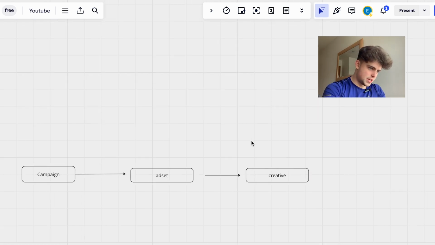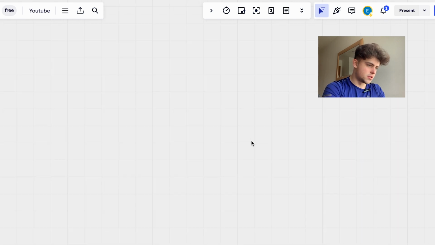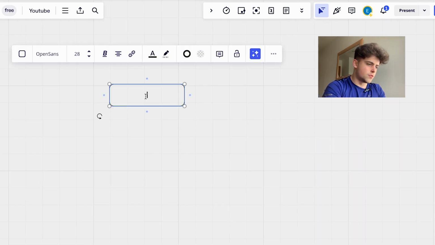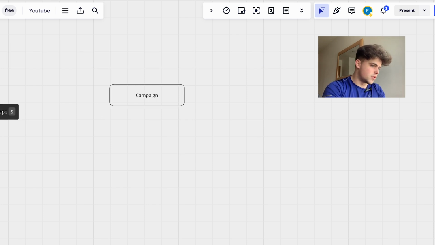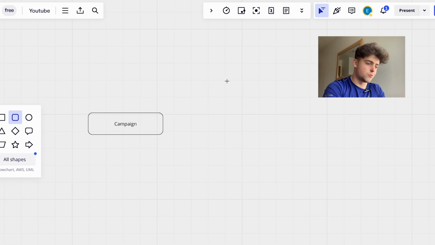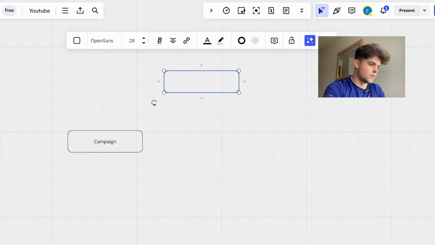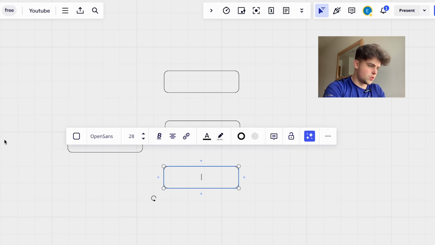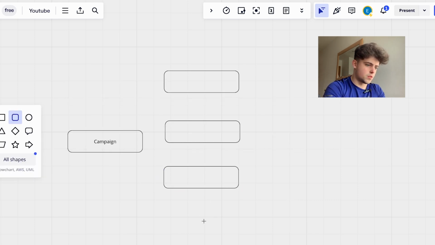So essentially, a way that you can combat this is, I'll just start a new diagram. If you do campaign, and let's say, this is how I do them anyway, we're going to do 4 different ad sets. Another one, and another one.